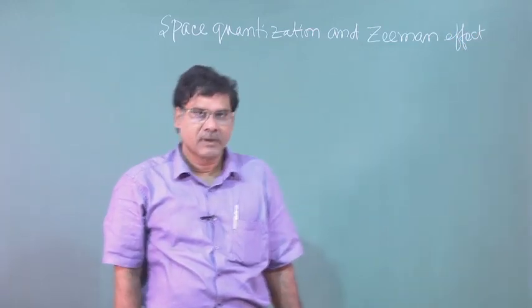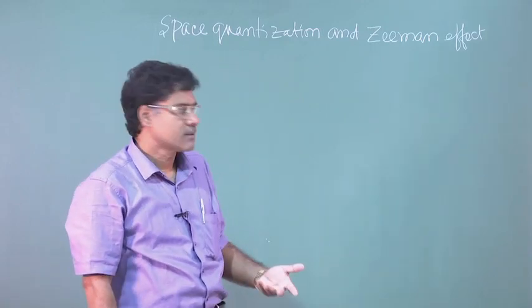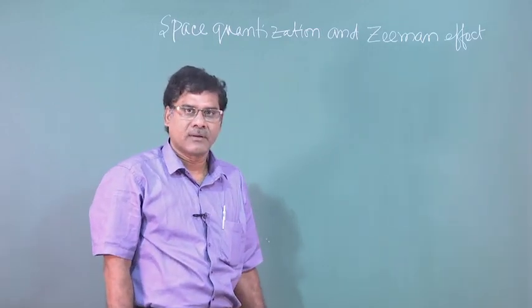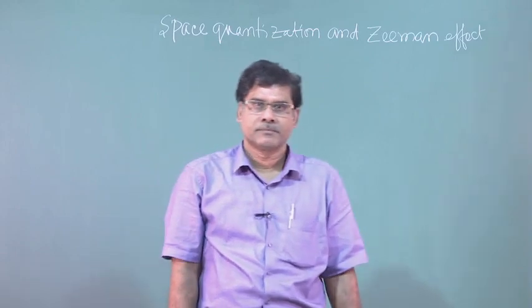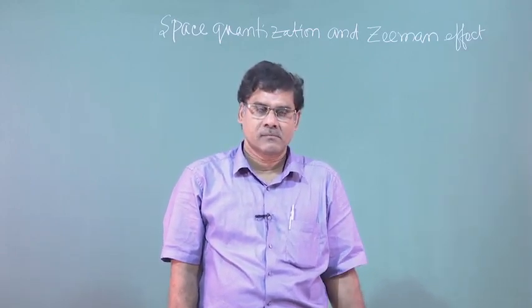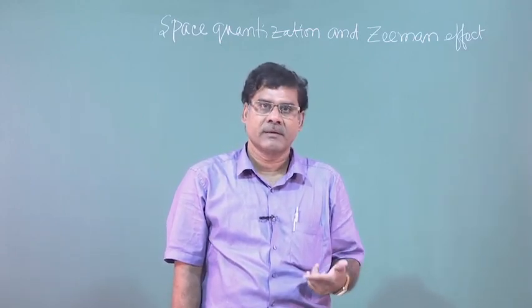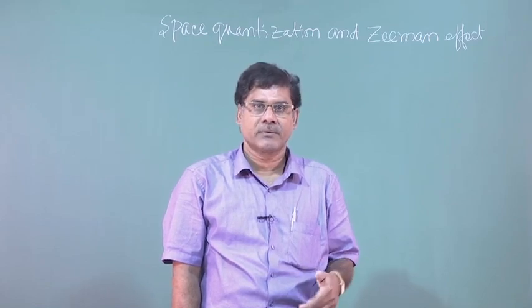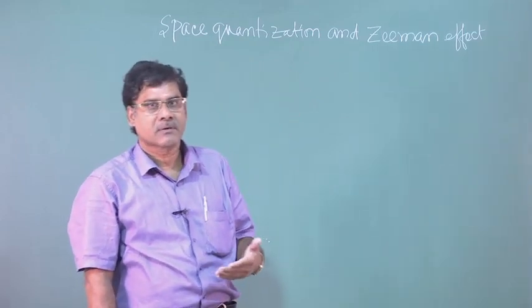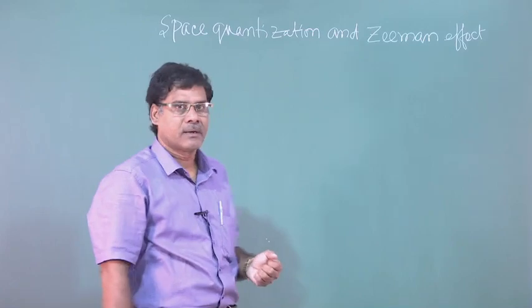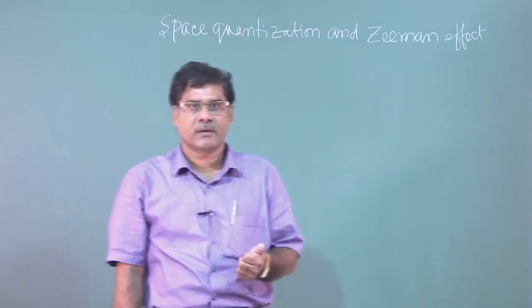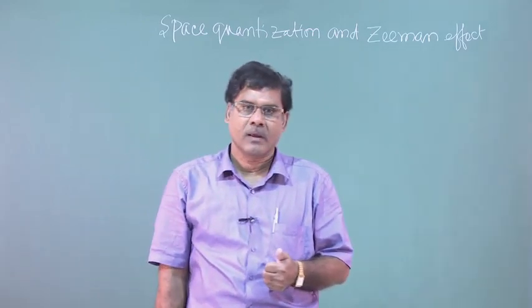So, we have seen the fine structures of the hydrogen H alpha line, and then for the sodium D lines, D1 and D2. That was not able to be explained using the Bohr Sommerfeld model.